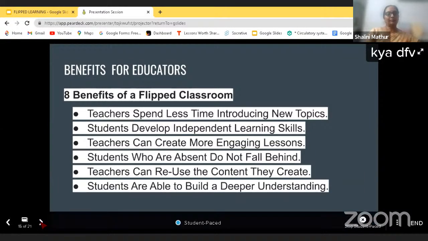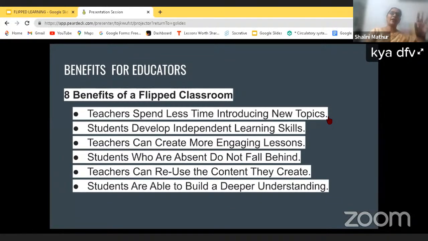Here you can see teachers spend less time introducing new topics, because when you come first, you give the introduction. Okay, today I'm going to tell about the cell structure. Then you tell the history, when the microscope was invented, how the research came, how these cells are examined.